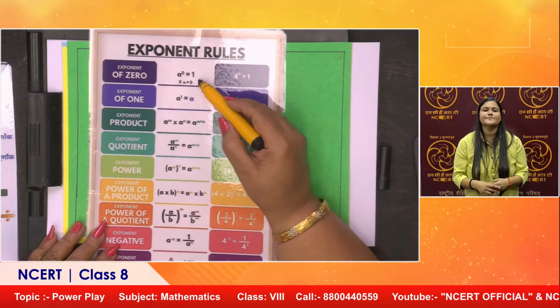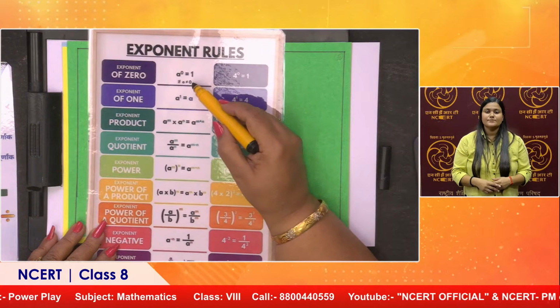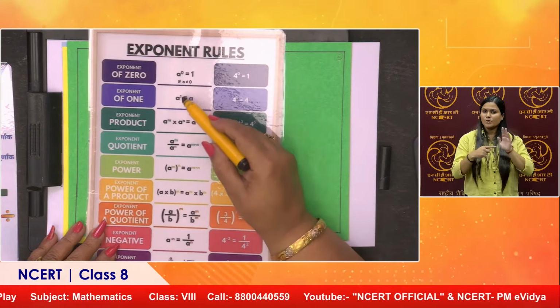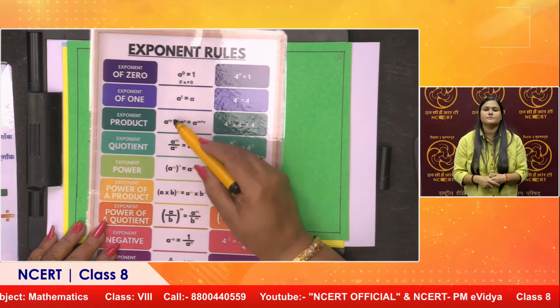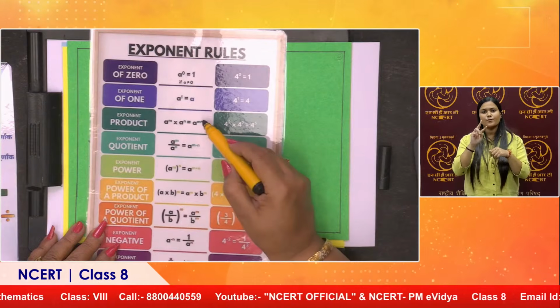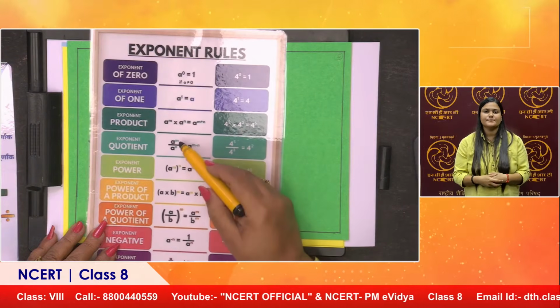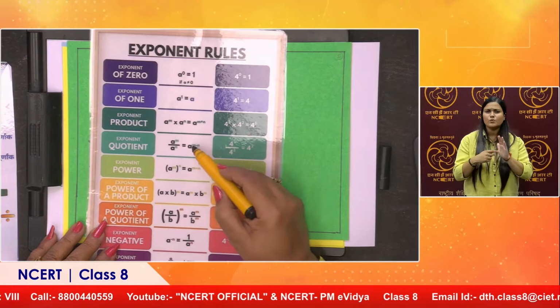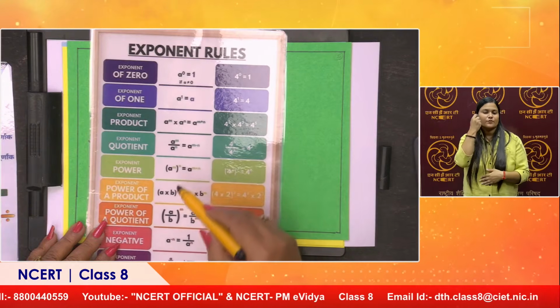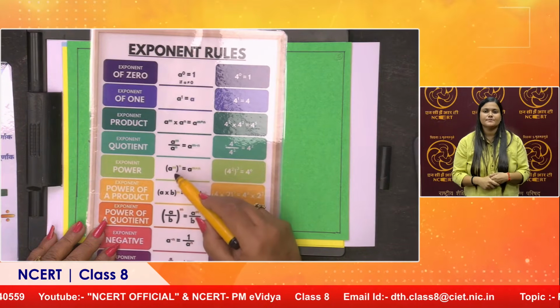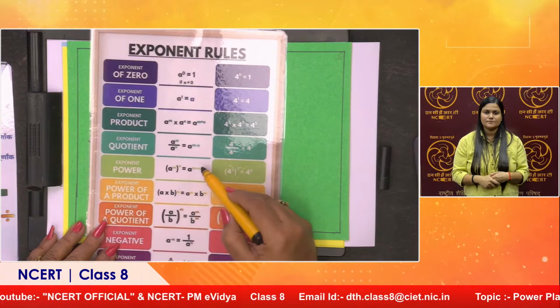If a is not equal to 0, obviously 0 to the power 0 will be meaningless here. Then a raised to 1 is a. a raised to m into a raised to n is a to the power m plus n. a raised to m divided by a raised to n will be a raised to m minus n. And a raised to m whole raised to n will be a to the power m into n.